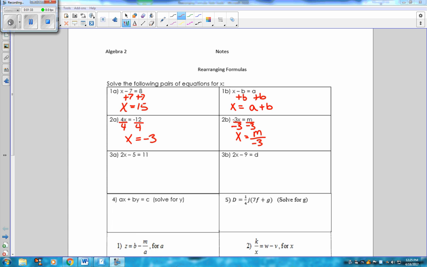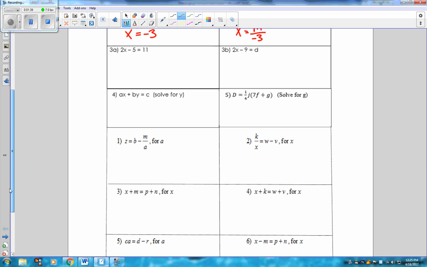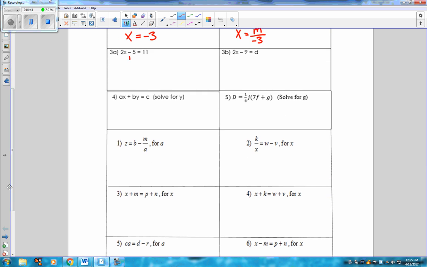So let's look at problem 3a. I'm going to add 5 to both sides. So I'm going to have 2x equals 16. Divide by 2. And I get x equals 8.